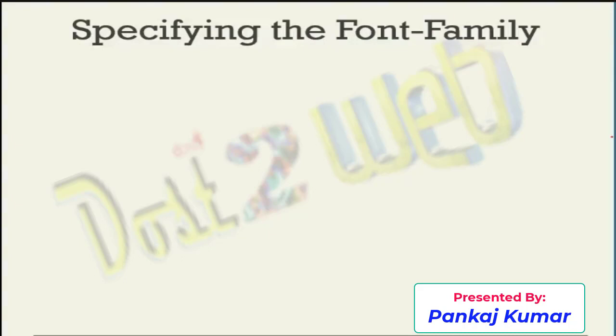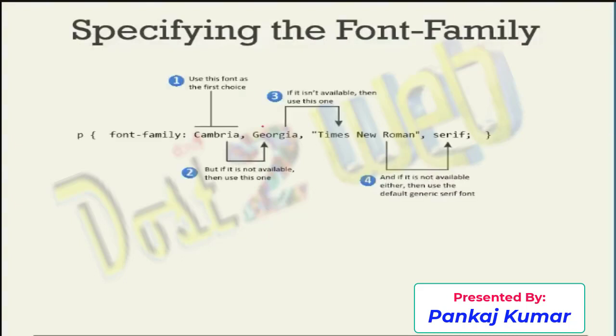Now, how can you specify the font family? You can see it here in the example. When you want to define the font family for any paragraph in CSS, as usual you define the paragraph selector, then write font-family. You define the first choice: if Cambria is on the user's PC, it will display.